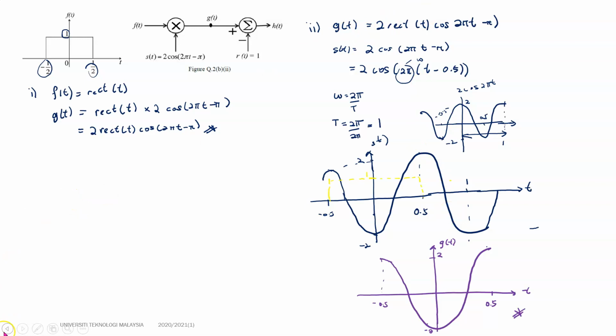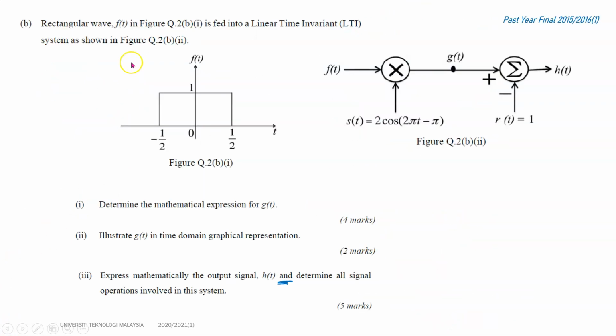And now we move to question 3. The question asks to express mathematically the output signal ht and determine all the signal operations involved in this system. So ht here is gt minus 1. Lucky that we don't have to draw again.